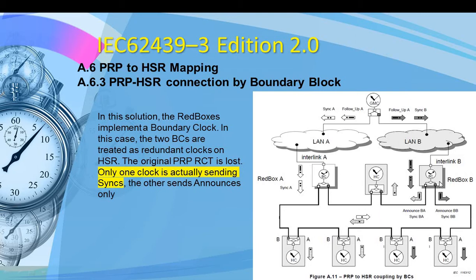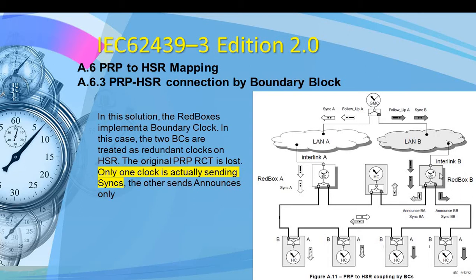Because these 2 red boxes run as a boundary clock, at the same time only one red box runs as active, and the other red box runs in passive mode.